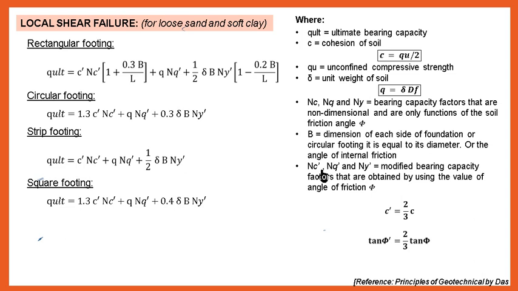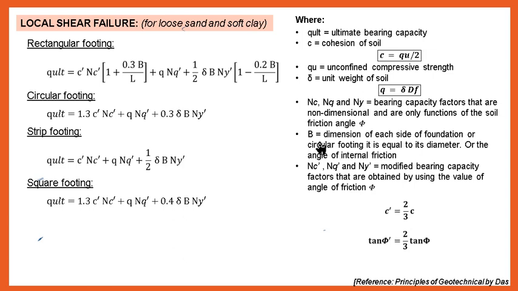Parehas dito sa ating modified bearing capacity factor, yung may prime, yung Nc prime, Nq prime, and Nγ prime. Meron tayong table to identify kung ano yung value natin based on the soil friction angle. Okay? So, ito, meron tayong table to identify these values.